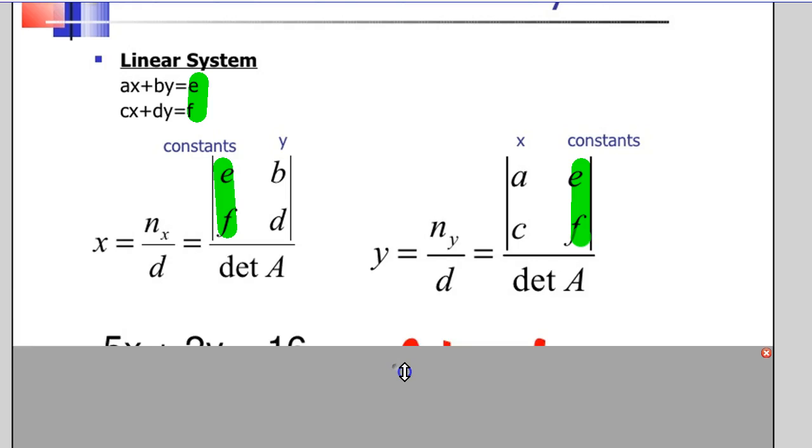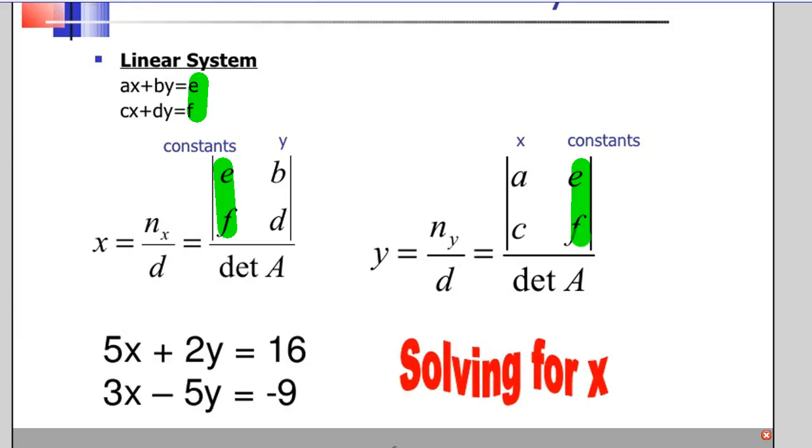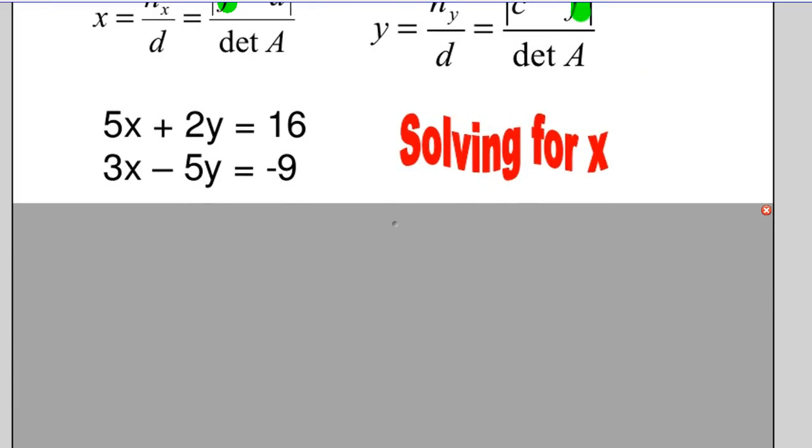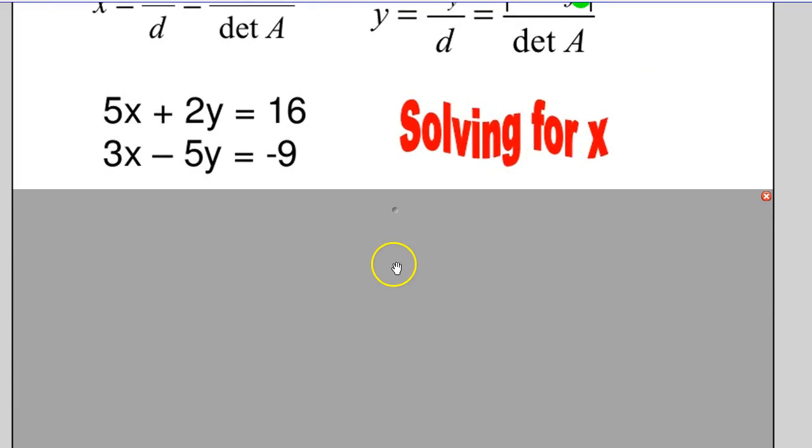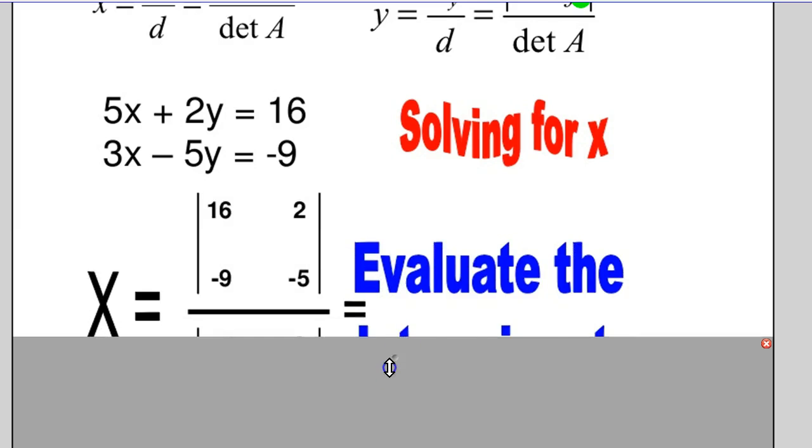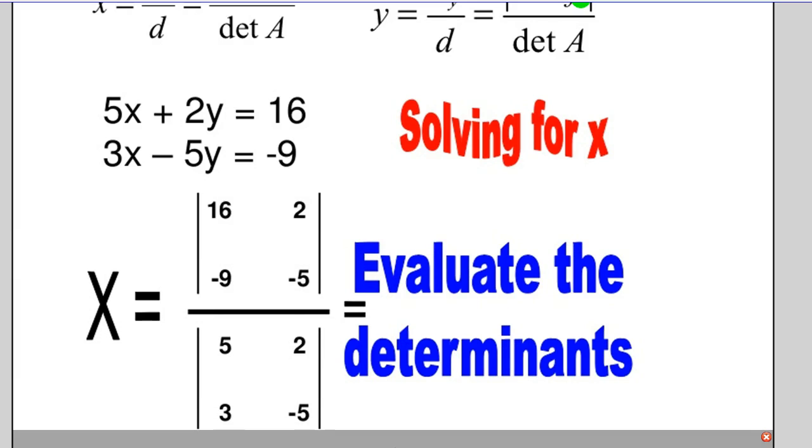So we're going to take a look at an example so we have an idea. So here's an example. As you can see here, if I were to determine my coefficient matrix, it would be 5, 2, 3, negative 5.